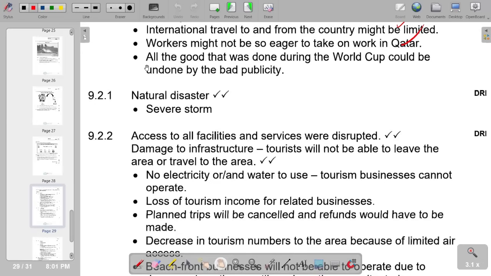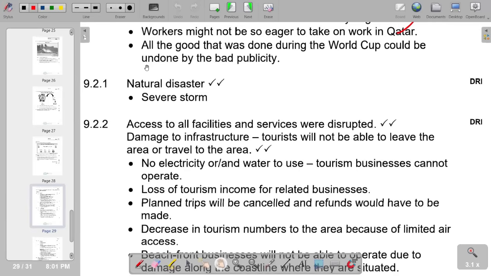So, we are saying on 9.2.2, access to all facilities and services were disrupted, which is very clear due to the floods that we have. And then also damage to infrastructure. Tourists will not be able to leave the area or travel to the area. No electricity or water to use. Tourism businesses cannot operate. So these are some of the points that we can include.